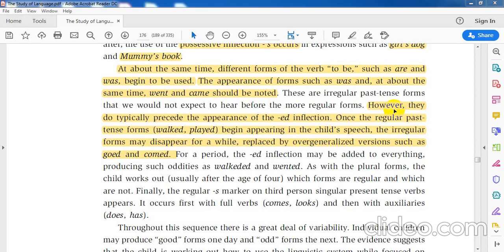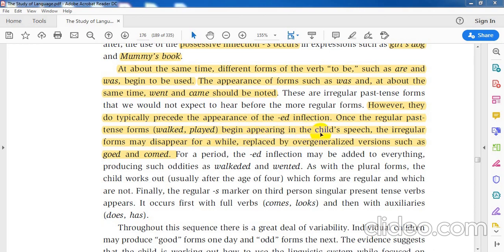What is notable here is that they typically precede the appearance of the ed inflection. Now, what is going to appear here is the overgeneralized form of the inflection ed. Let's see. Once the regular past tense forms like walked and played, these two additions, or this inflectional morpheme, the ed, is going to be overgeneralized to include different verbs, and these verbs are not as regular as, you can see, walk and play.